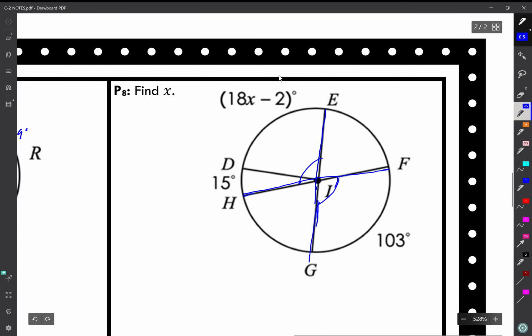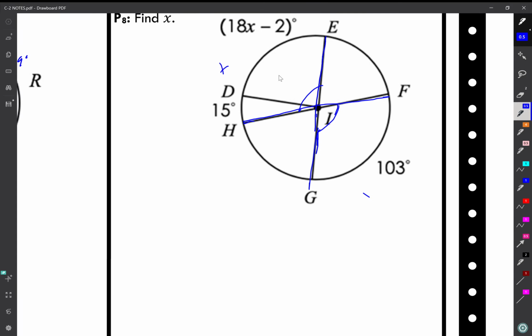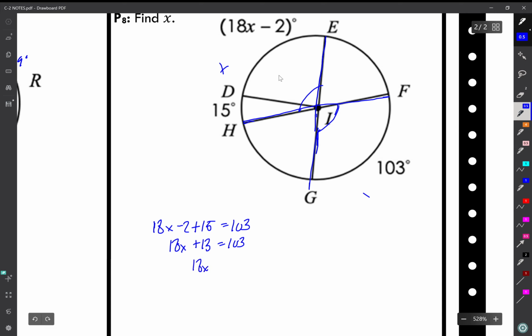So these two arcs added up are equal to 103. So 18x minus 2 plus 1 plus 15 equals 103. So this will be 18x plus 13 is equal to 103. Subtract the 13, you get that 18x is equal to 90. So then divide both sides by 18, x has to equal 5.